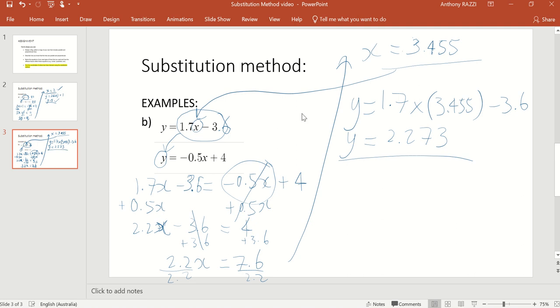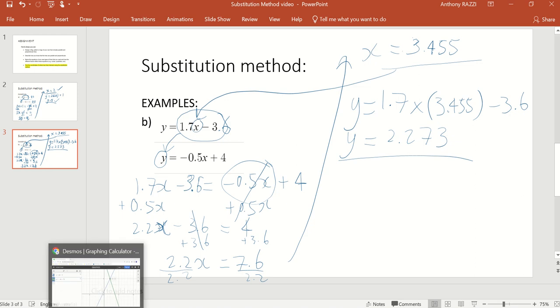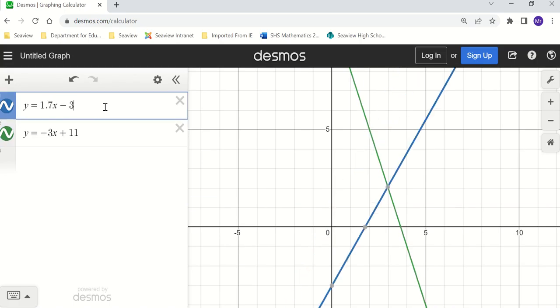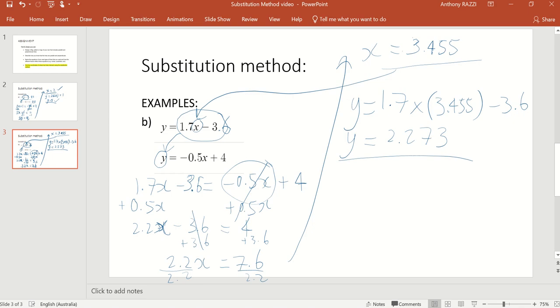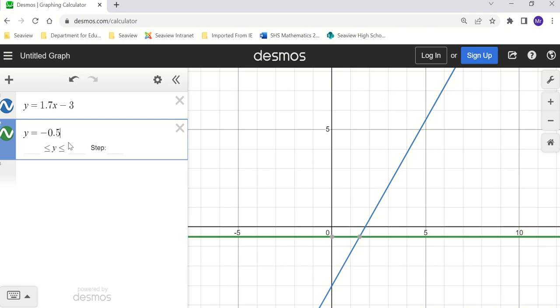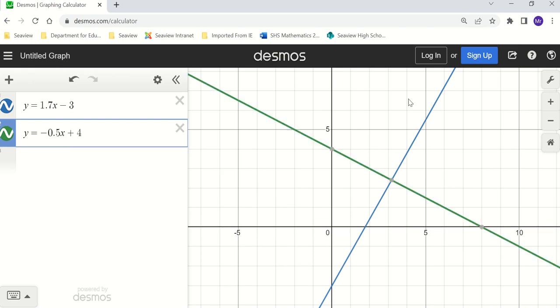So if I chuck these two into Desmos, so y equals 1.7x take 3.6, and the other equation was minus half x plus 4, and look where they intersect.